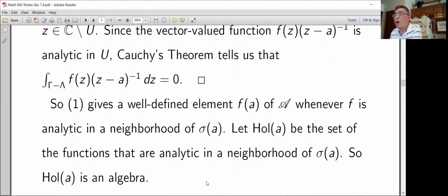So this formula, which I showed you earlier, gives a well-defined element f of A in script A whenever f is analytic in the neighborhood of sigma A. For functions analytic in the neighborhood of sigma A, we have a notation.